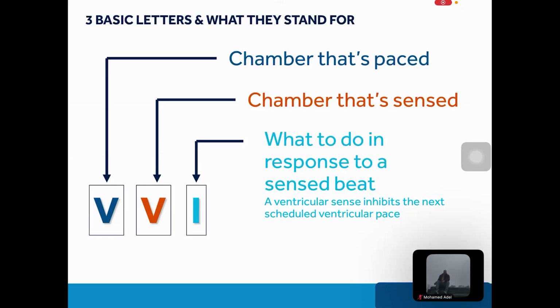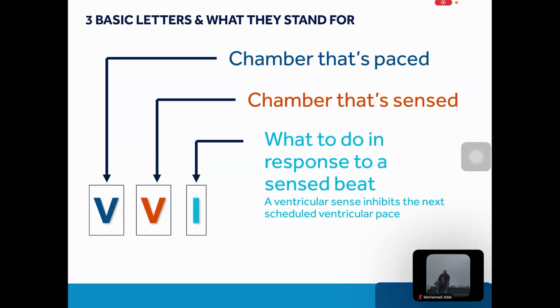So all of you know the mode VVI. Has any of you used VVT? No? It is very rare to use it, and I will tell you when we use the T.